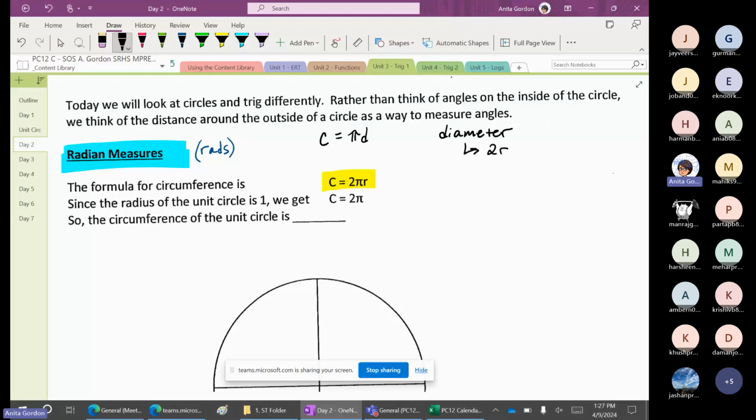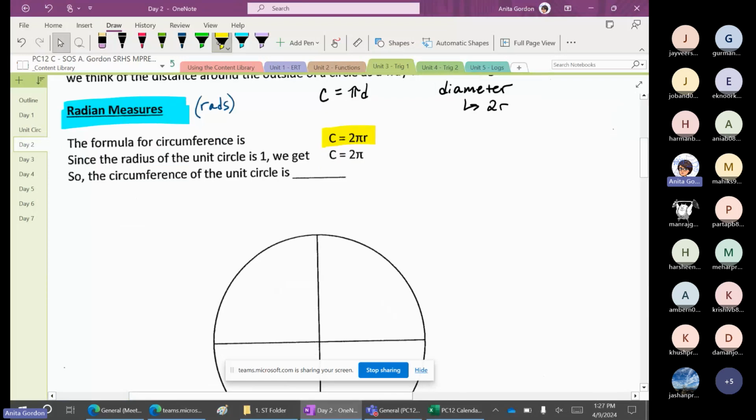Now, when we're focused on the unit circle, we know that our radius is going to be 1. So when we substitute 1 as r, we get that the circumference of the circle can be simplified to 2 pi. And so that's kind of where the pi pieces come from.